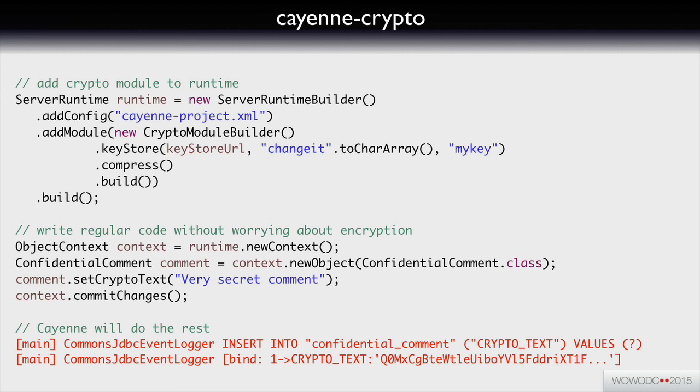The second part of it is just plain Cayenne code. The whole point is that there's nothing different about it. And the last part, the red output, is the logs when you execute the commit. As you see, the crypto text column is already encrypted. Even the logs don't contain plain text, so you don't leak the plain text. You accept it over HTTPS from your user, you put it in an object, you save, and it's encrypted.